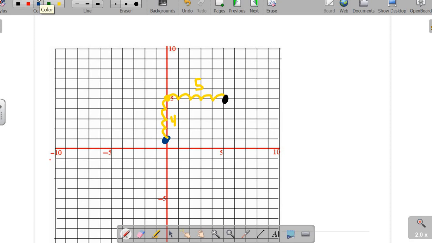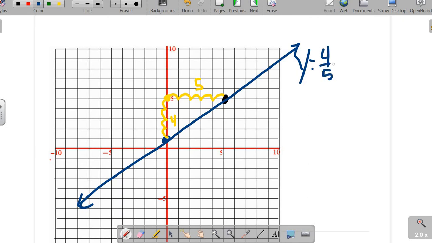So here is our original line. That's y equals 4/5 x plus 1.